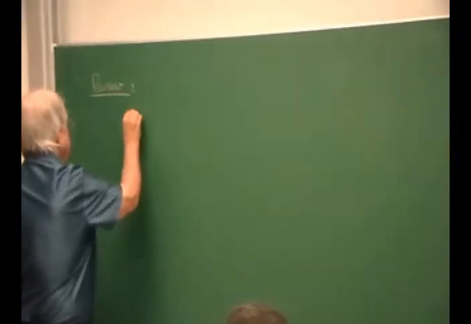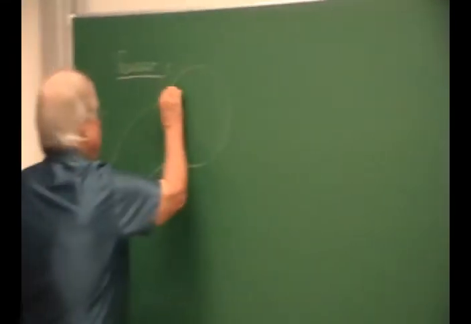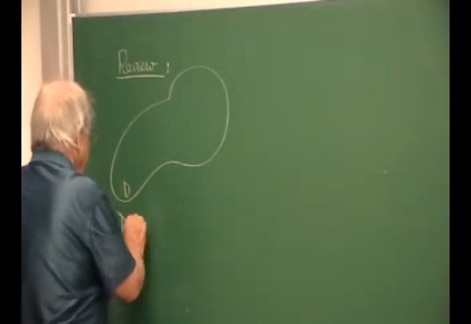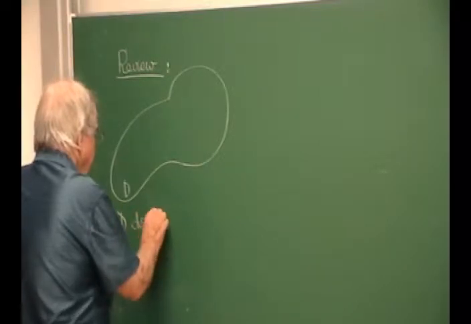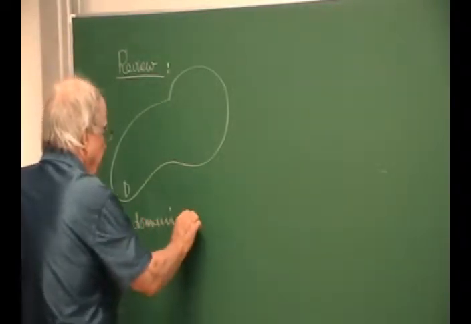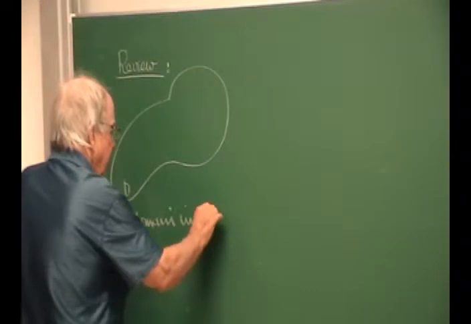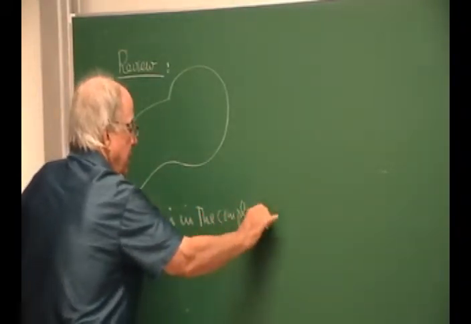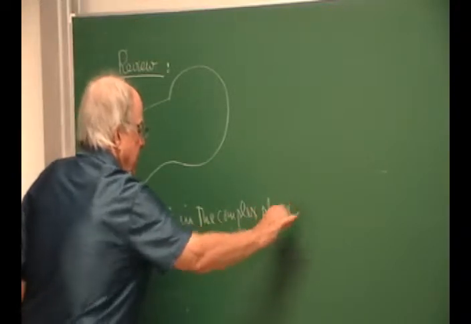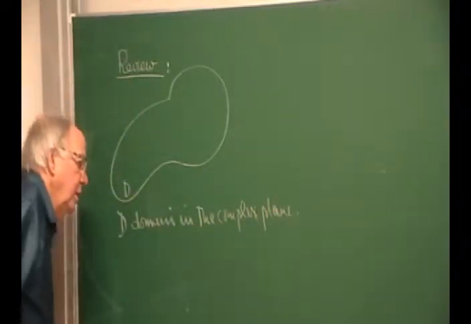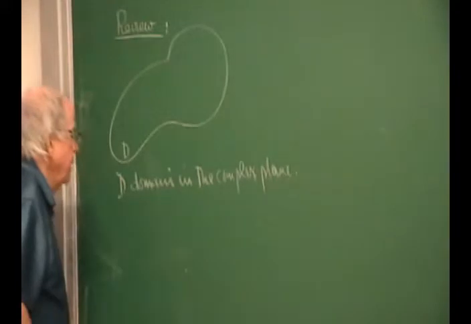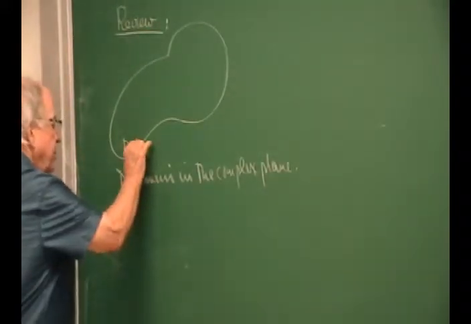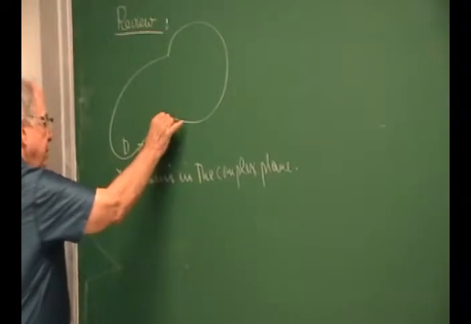First of all, we're considering domains D in the complex plane. And we have a standard orientation, so the orientation of the boundary looks like this.